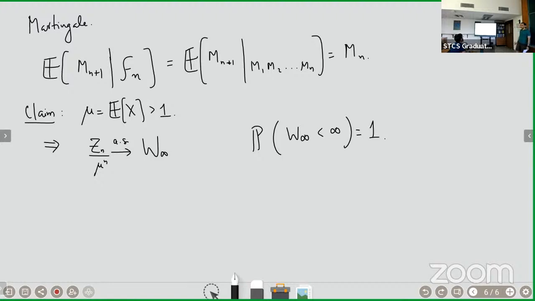Now, if I want to show something like this, I'm giving you the hint that a martingale is somehow useful. We did some theorem about martingales. That if something is a martingale, something happens. It was called the martingale convergence theorem.